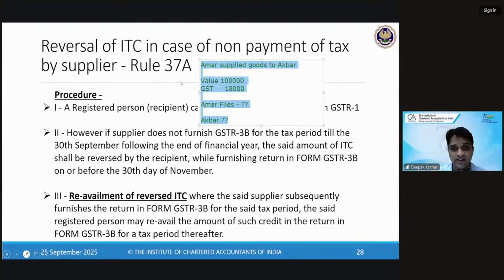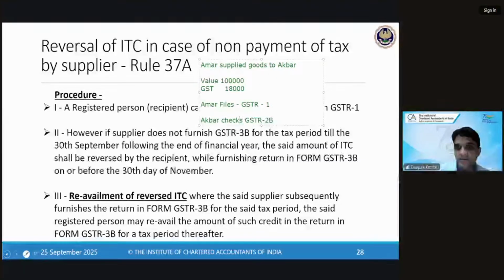Amar files GSTR 1. Akbar has to check his GSTR 2B. Yes, correct. So everyone has given a correct answer. Amar files GSTR 1. Akbar checks that in his GSTR 2B, and if it is appearing, then he will claim the credit.